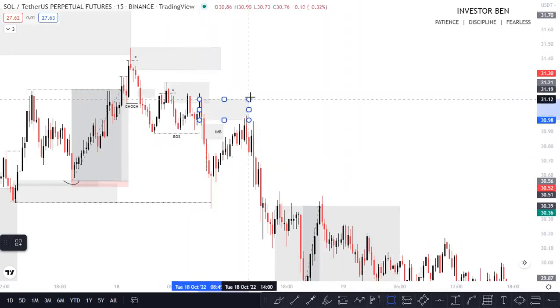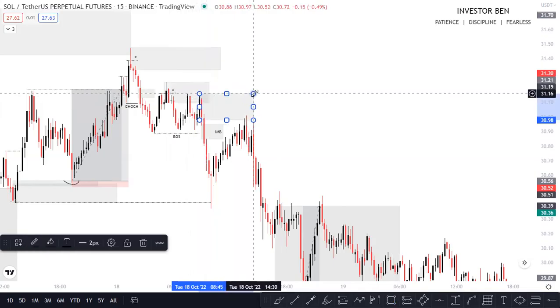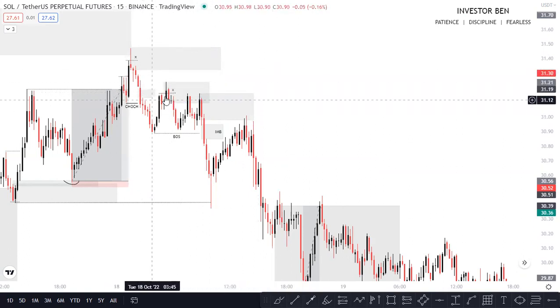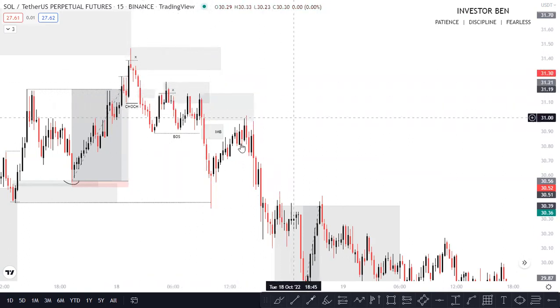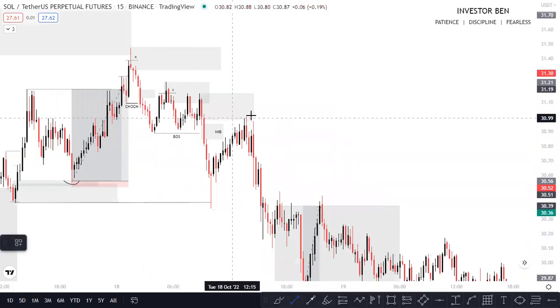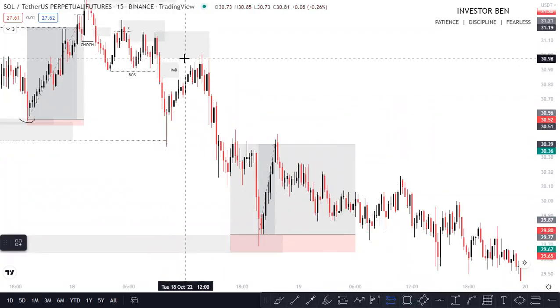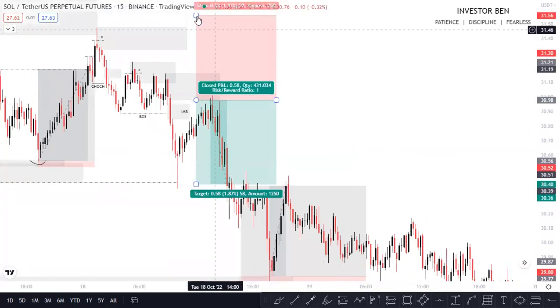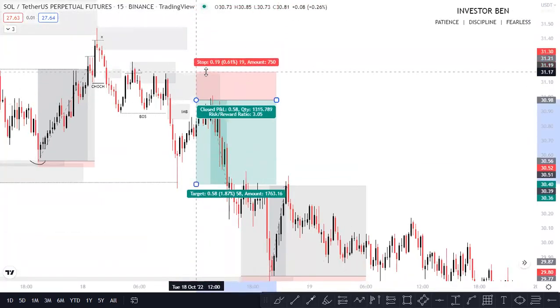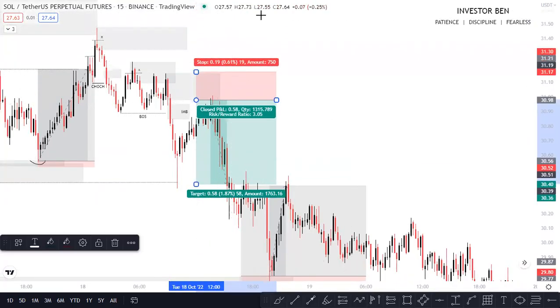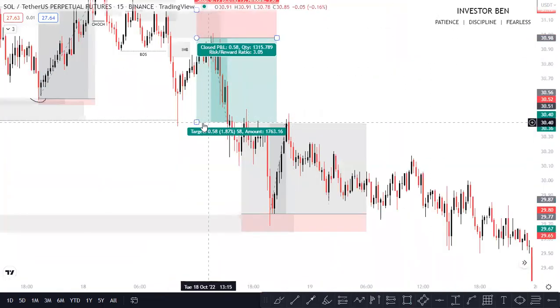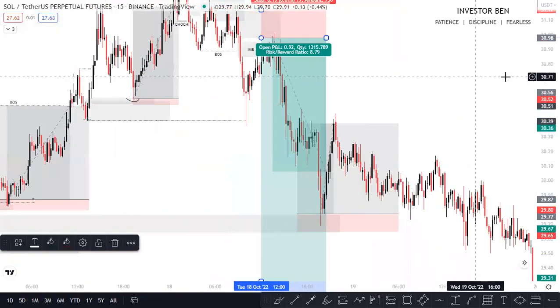But it's coming from a prior, or should I say, it's mitigated a prior OB, right? From this one to this one, and now price mitigated from this same region, right? And we sold to the downside.